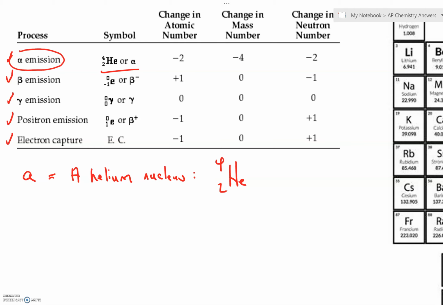We have what's called a beta emission, and this really is just an electron. An electron is simply a negatively charged particle. So the way they write that is, it's an electron. It has a mass number of 0, and it is the charge equivalent of a proton, but it is negative.